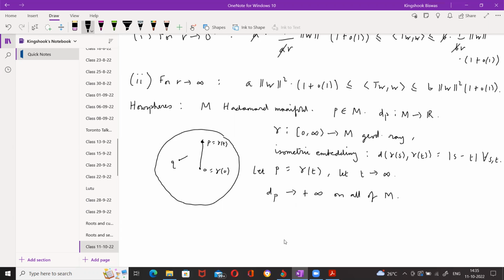So we have this distance. Divide by something like growth and then take a limit of the ratio?